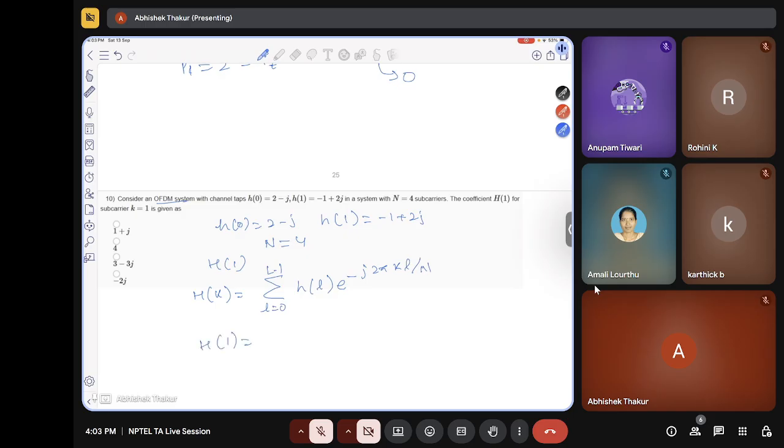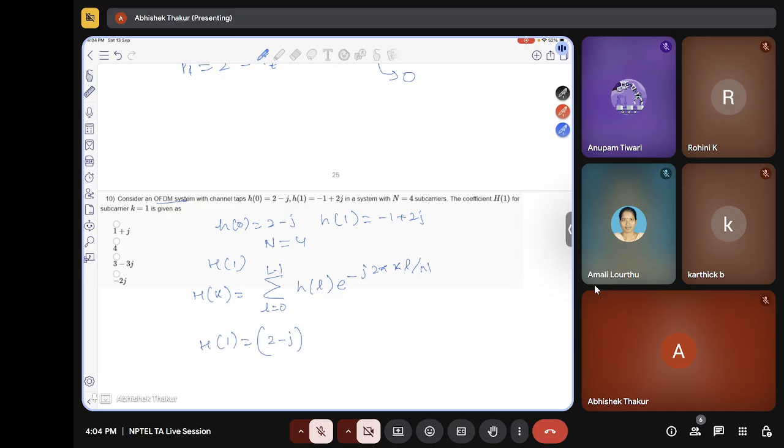So H1 is equal to, and H0 is 2 minus J. And when we substitute L is equal to 0, this value will become e to the power of 0, this is 1.